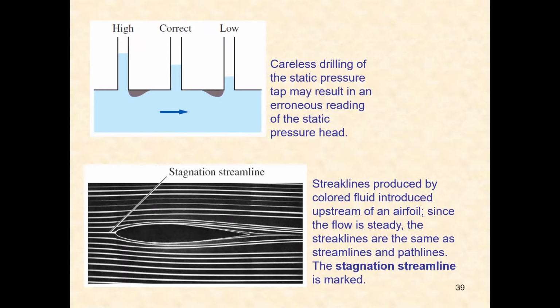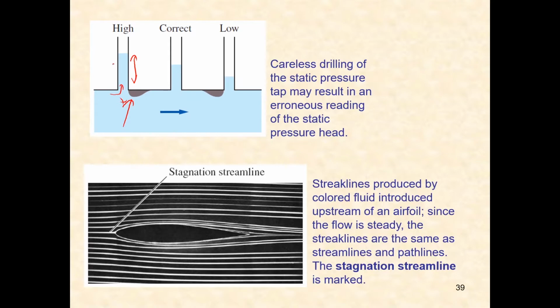Okay, there are several precautions that need to be looked into when measuring static pressure. For example, if there is an obstacle after the tube, like for the first one, we have some obstacles here. What is going to happen is this tube is supposed to only capture the static pressure, but due to the obstacle, the flow will be deflected.